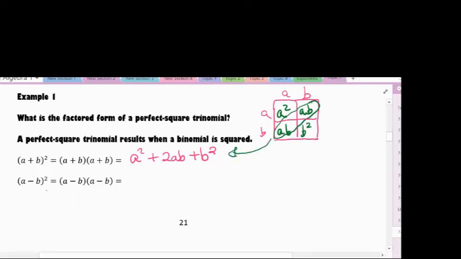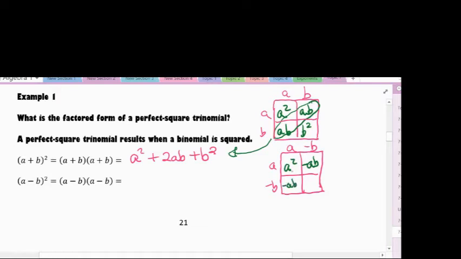When we look at what happens when it's subtraction, we put an a minus b and an a minus b on the outside. When we multiply those, a times a, we get a squared. And a times a negative b is a negative ab. Negative b times a is a negative ab.